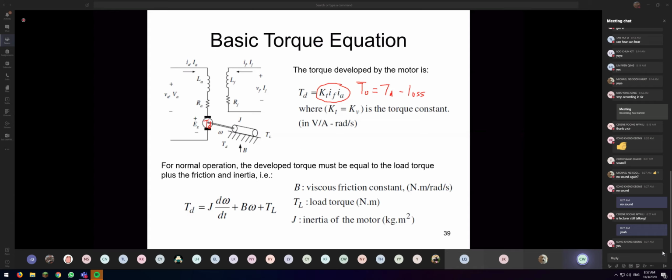So the torque is proportional to the field current and also the armature current in general. At the steady state, they follow this formula for the output torque.